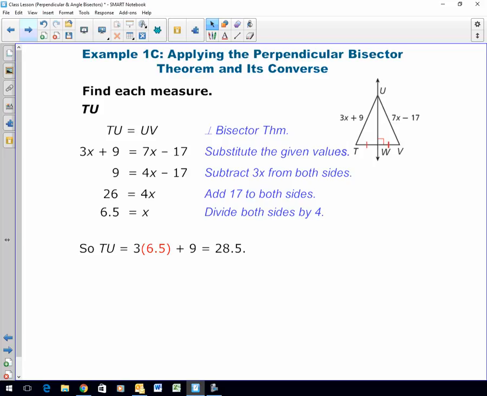If I wanted to find T to U, I'm trying to find T to U. Here's what I know. UW forms a right angle, and T to W is congruent to W to B. What would we call UW in relationship to TB?